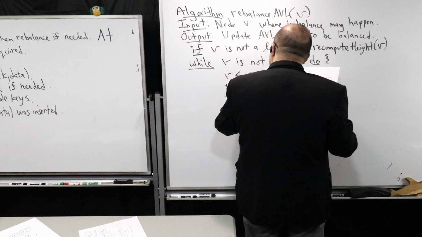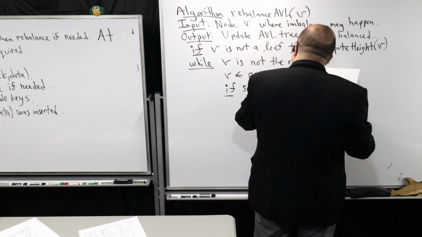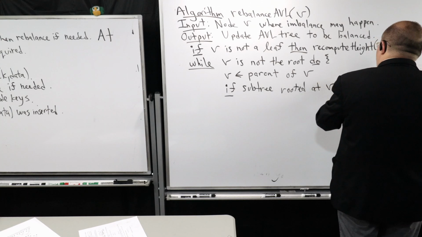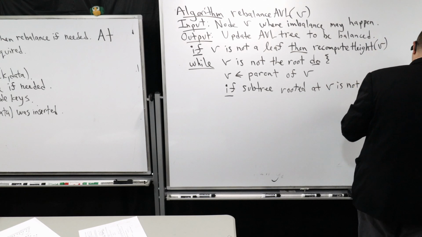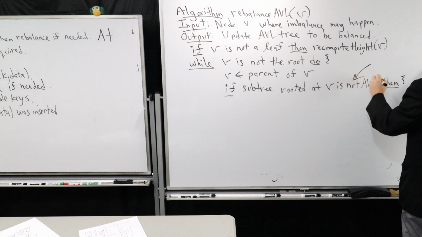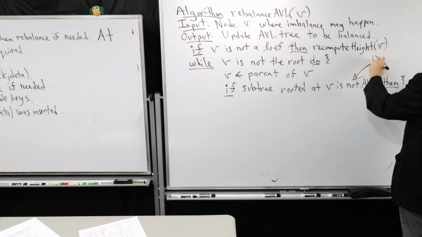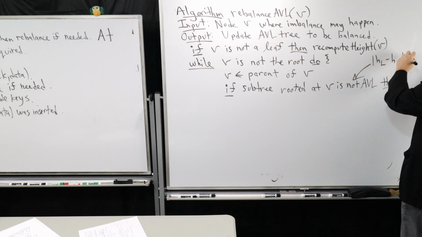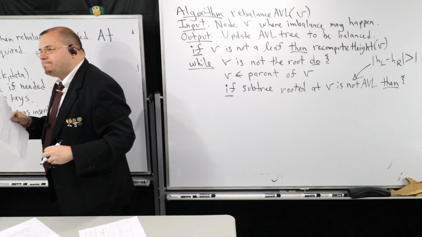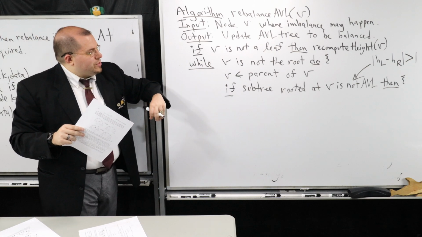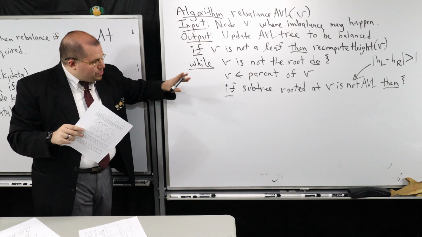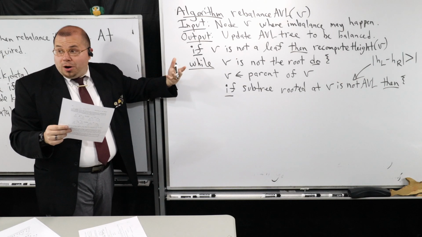So if the subtree rooted at v is not AVL, then, just remember, what this is saying is it's checking the absolute value of the difference of the heights of its children, asking if it's greater than 1. That's what this is checking. So you get the heights of your left and your right, and you check if they differ by more than 1. If they do differ by more than 1, then we have to do our rotations, right?